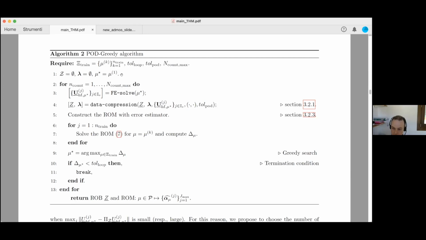The one that maximizes the error indicator is selected and put in the selected parameter set, and the full solver is performed here. I don't know if I answered the question.